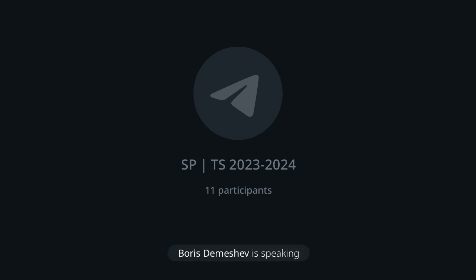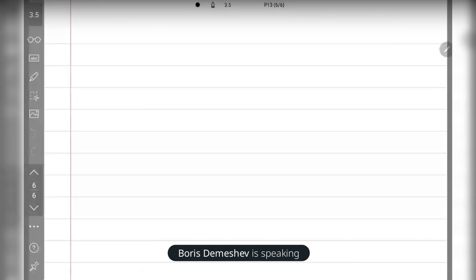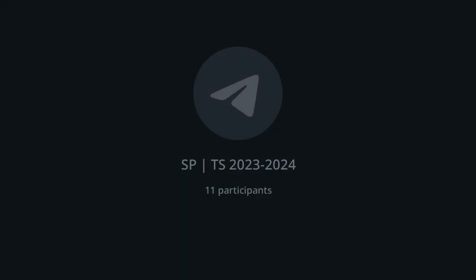Okay, I think let's do some more calculations. Let's use this idea in discrete time. The idea works perfectly not only in continuous time models, but also in discrete time models.